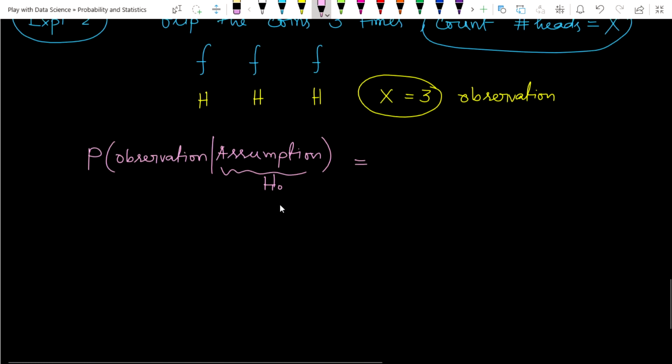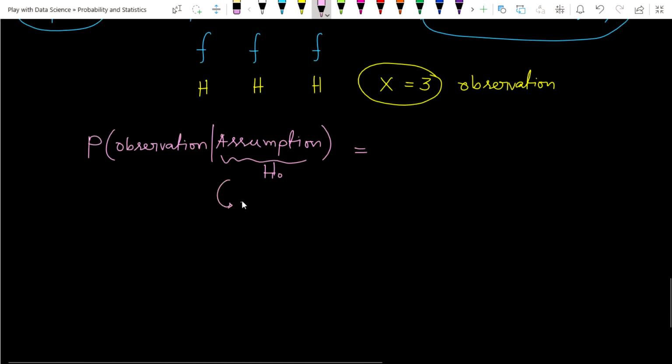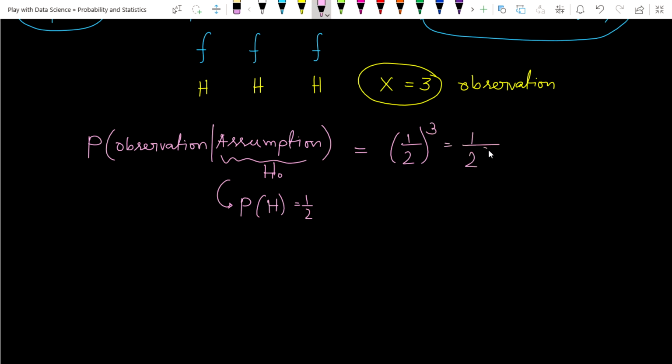So the probability of a hit is half, and we flip 3 times. So the value we get is 1 by 2 to the power 3, that means 1 by 8.